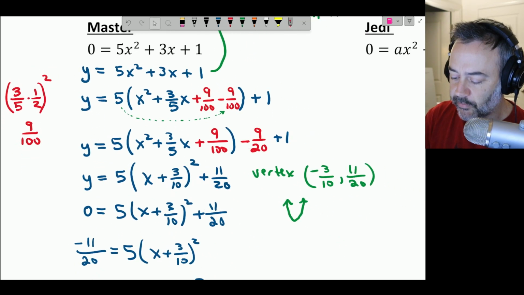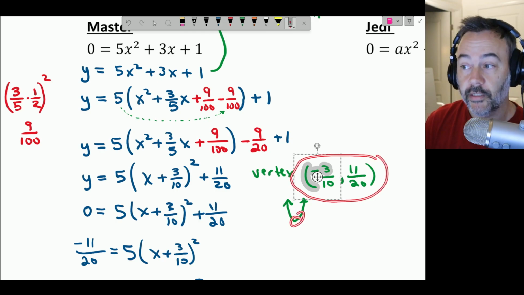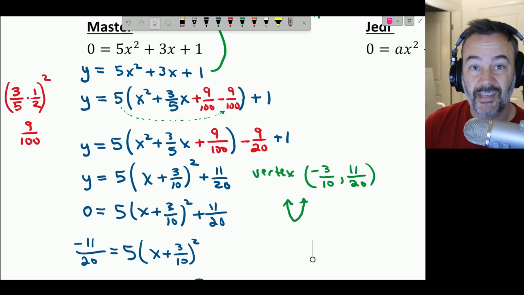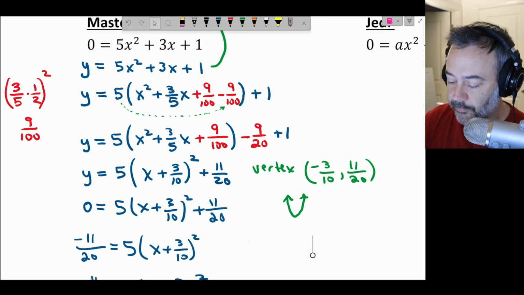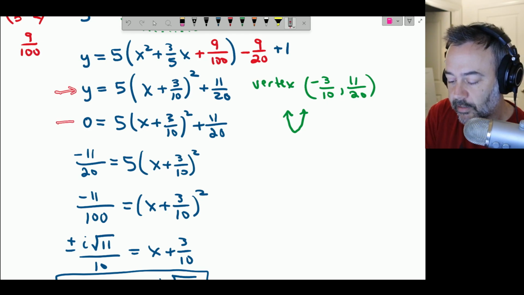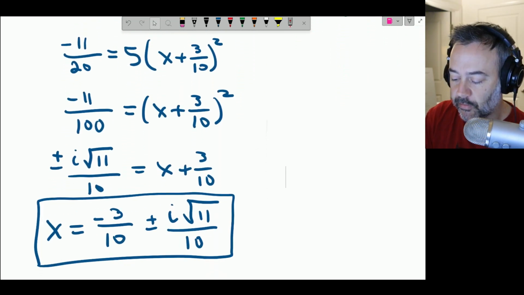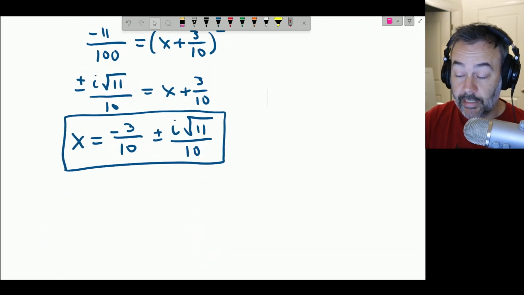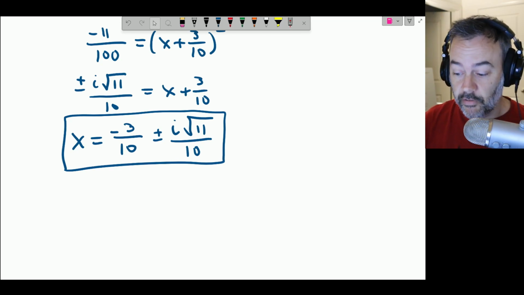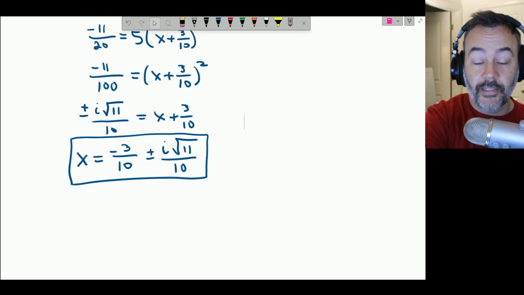It's also helpful for finding the vertex, because the vertex is the highest or lowest point on a parabola. So we can find its maximum value or its minimum value. But we also can use it to write it in this form so that we can find the zeros of this function by setting y equal to 0 and solving. And in this case, it has no real zeros. So this parabola would have no x-intercepts. All right, that's it. I'll see you in the next video.